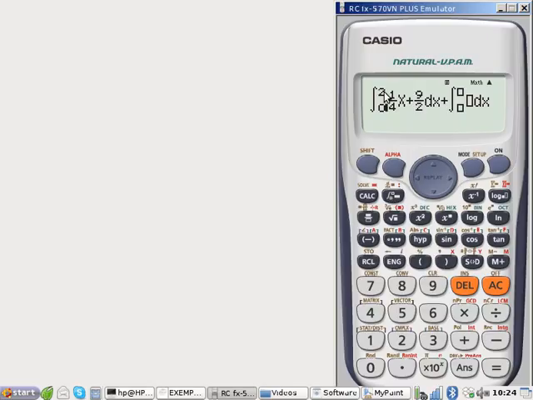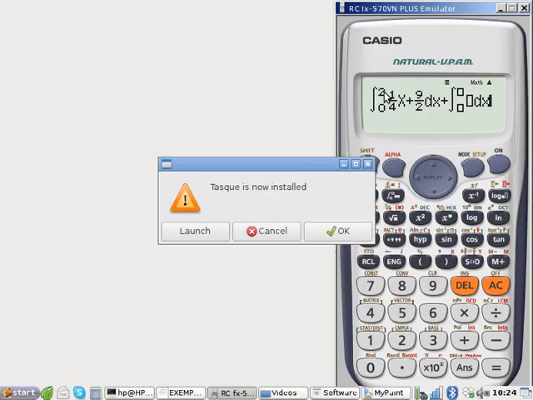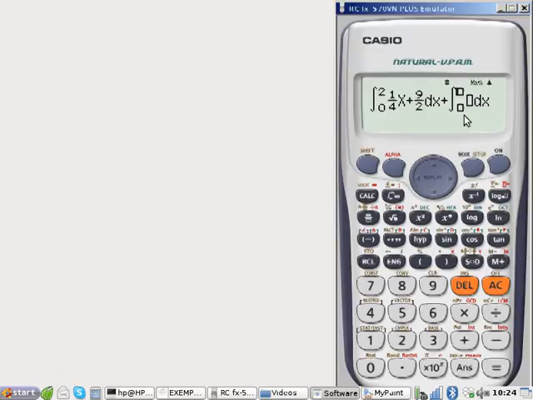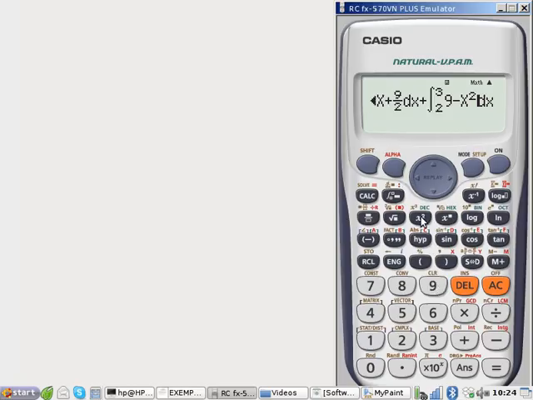And then the next one was 2 to 3. And this one was 9 minus x squared. So this is the answer we should get.